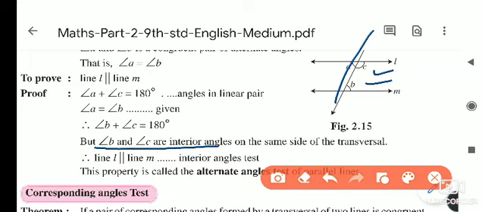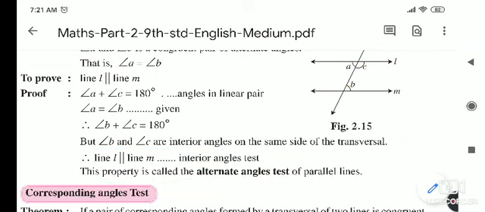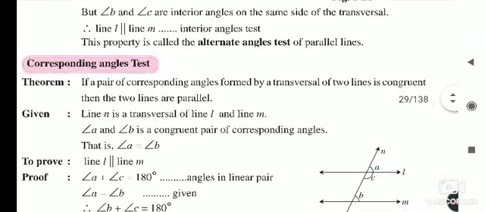Here it is a transversal. Okay, and the same side of the transversal means these two interior angles are located toward the right side of the transversal, and the sum of these two angles is 180, and from the interior angles test we can say that line L is parallel to line M. Okay, and this property is called the alternate angles test of parallel lines.